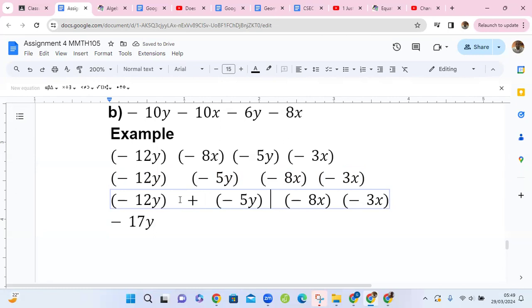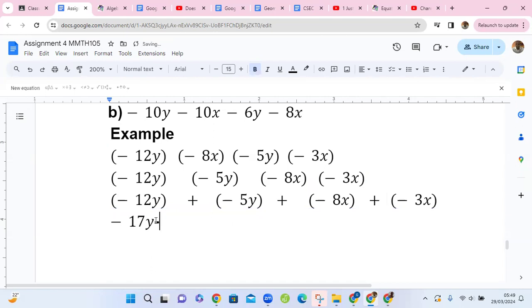That's -5y and -8x. That's -8x and -3x. So a negative and a negative is a negative, because you're minusing and you're minusing, so you're minusing more, -11x.